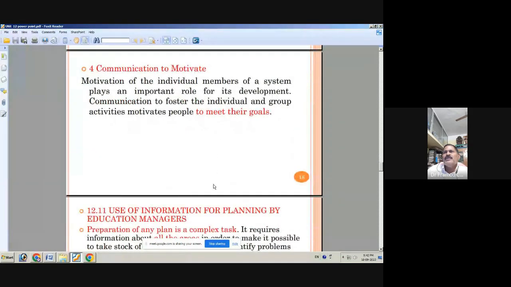So communication is also to motivate the people. You know that motivation of the individual members in a system is very important. And communication is nothing but to foster individual and group activity. I have given you so many examples.